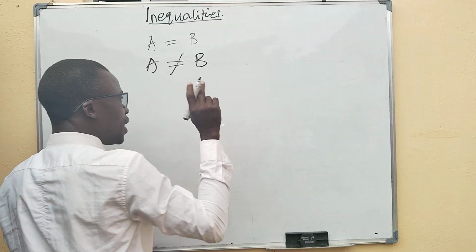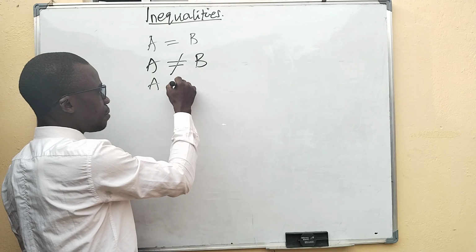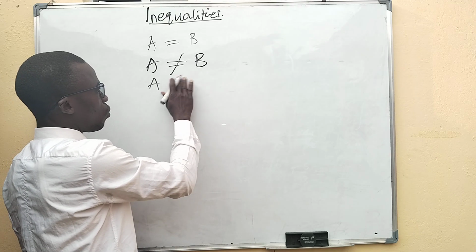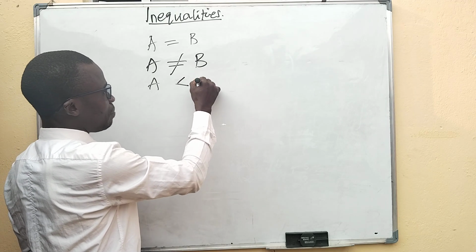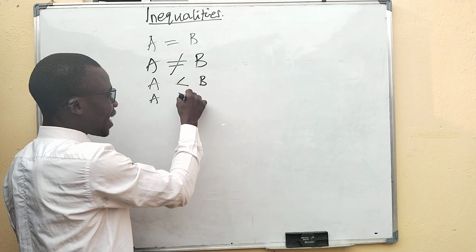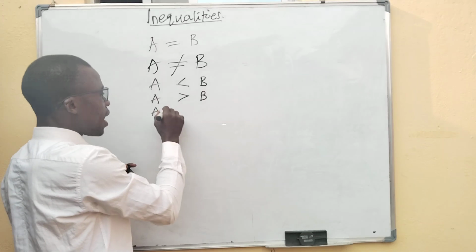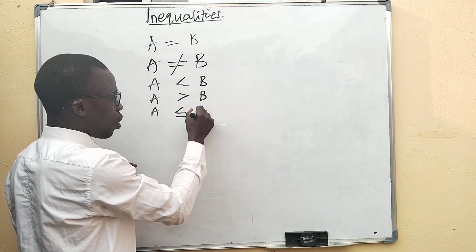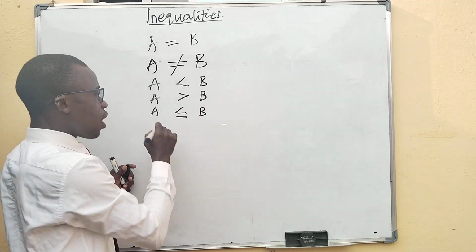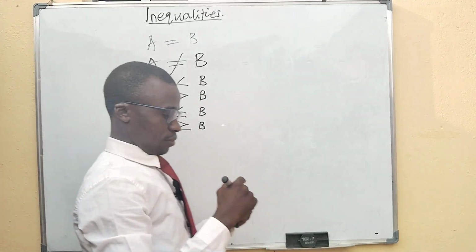It should either be A is less than B, we can denote it with this sign, or A is greater than B, or A is less than or equal to B, or A is greater than or equal to B.